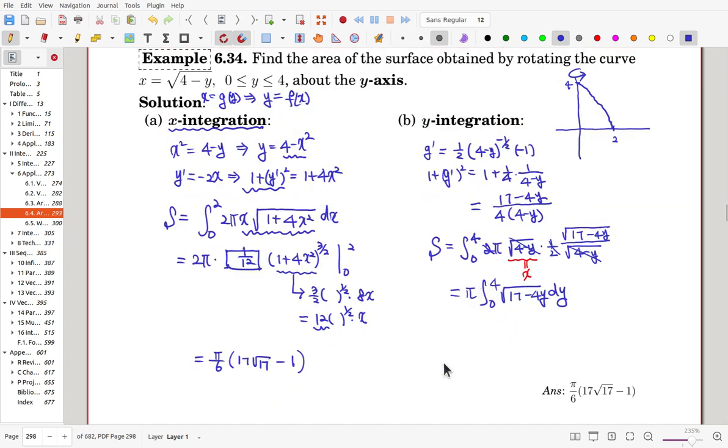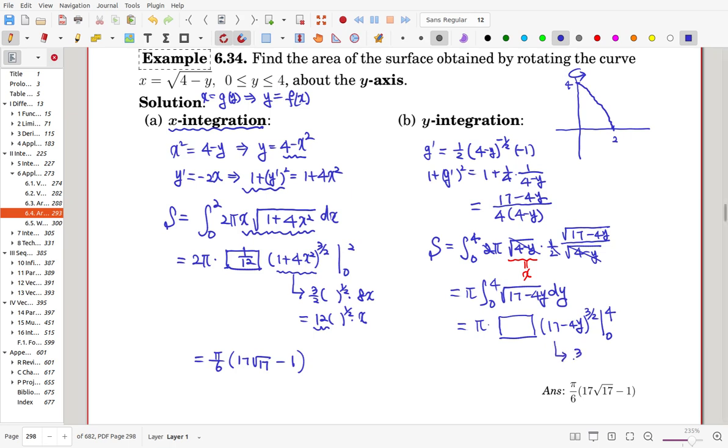Now for this one, pi, okay, the antiderivative will be a coefficient times 17 minus 4y to the power 3 over 2, and evaluation is from 0 to 4, right? Okay, now we have to find this coefficient from here.